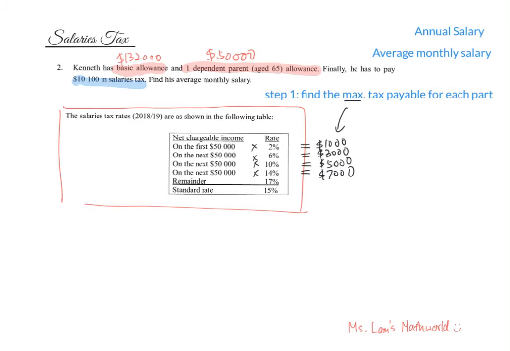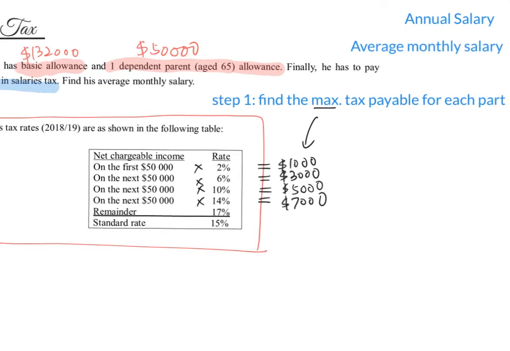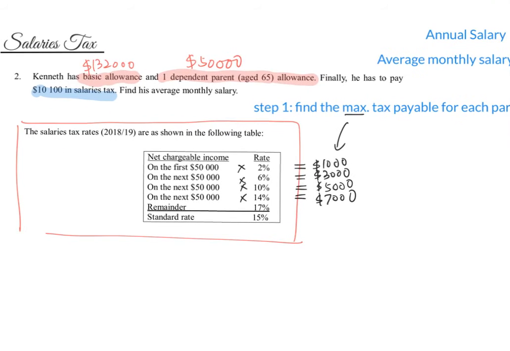So let me magnify the screen so you can see clearly. After that, we need to check how much we can get for this part of the money. That means for the salaries tax, we need to check whether it will be more than $10,100.